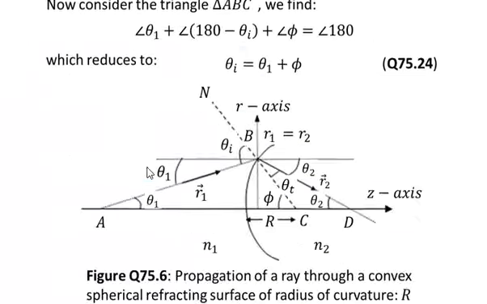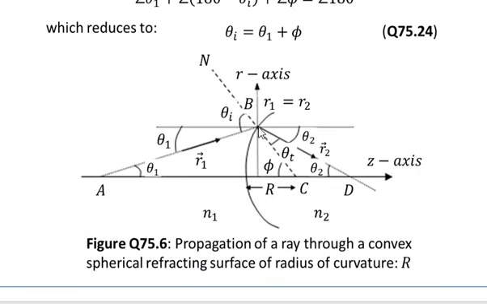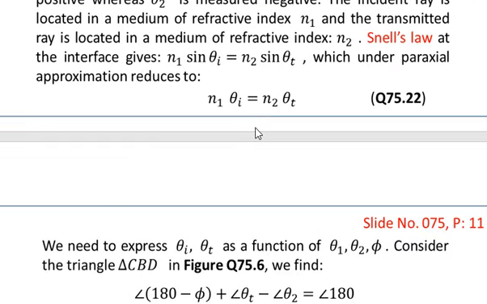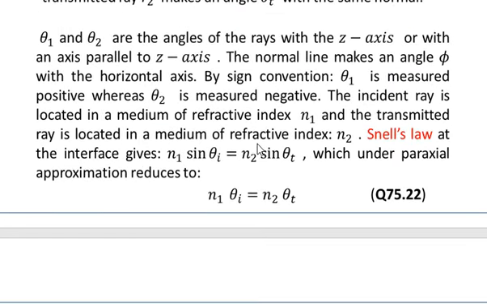You see that this is the interface at the point B. Point B provides the interface between the two regions, the region having refractive index n1 and the region having refractive index n2. So the point B is a general point on this surface, a point on the interface between the two regions.